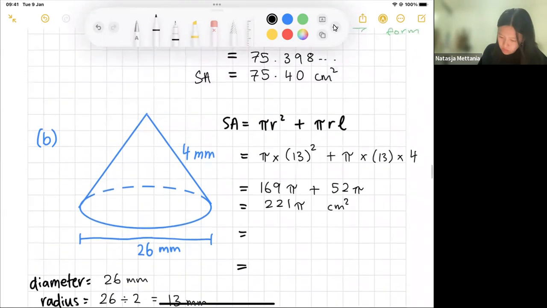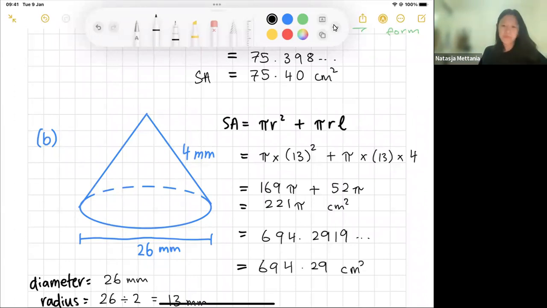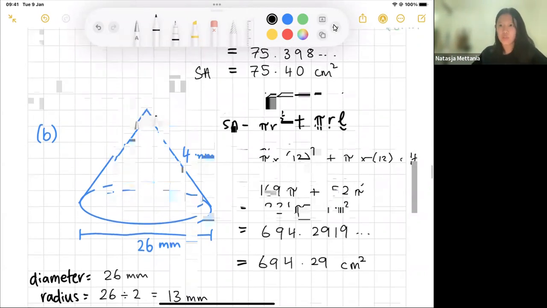But no, it's asking me for two decimal places. This is 694.29 centimeters squared. So I'm going to stop the video here, and then I'll do a part 2 on this.